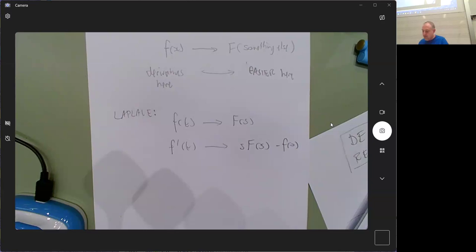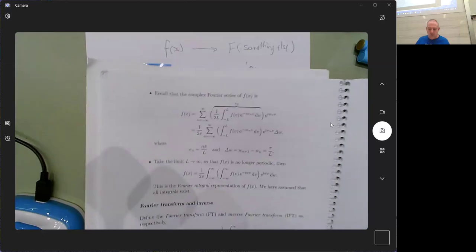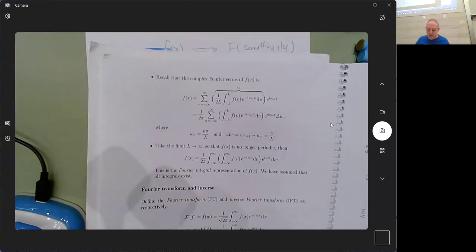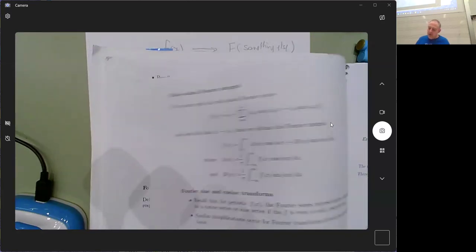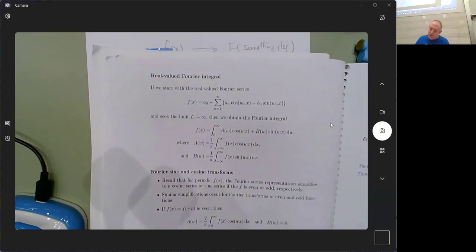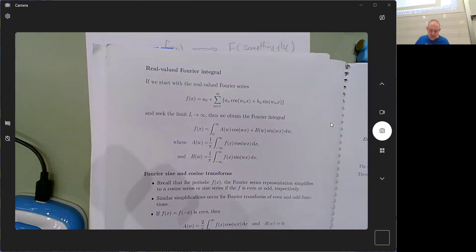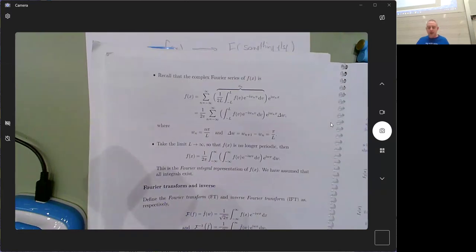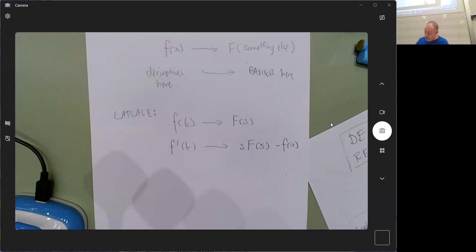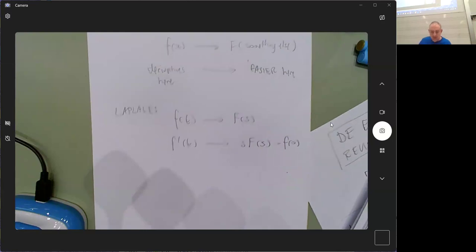Bear with me. I'm just looking at this. Okay, the Fourier transform is a complex number thing, but you can back form it into a real number thing if you really concentrate. But the classic Fourier transform does this.